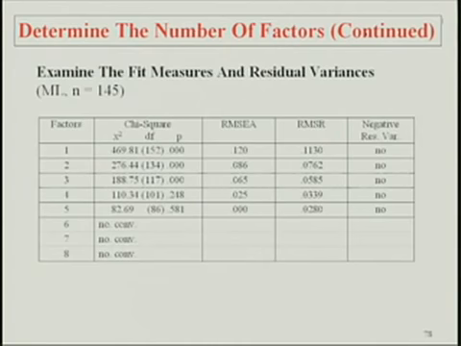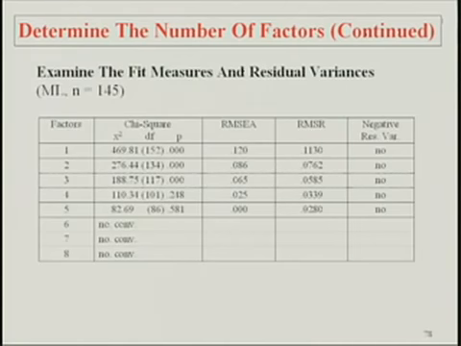Then I give the chi-square, RMSEA, and RMSR, the 3 statistics I said that we should look at. In the last column, I give the second descriptive measure, the residual variances, and we don't want them to be negative. So there were no negative residual variances up to the 5-factor solution, but the 6, 7, and 8-factor solutions didn't converge, so we don't know.